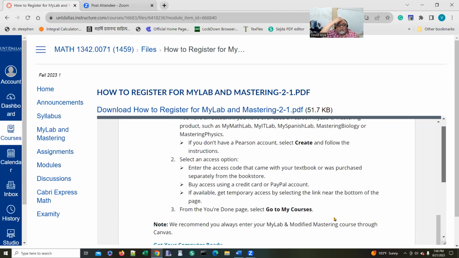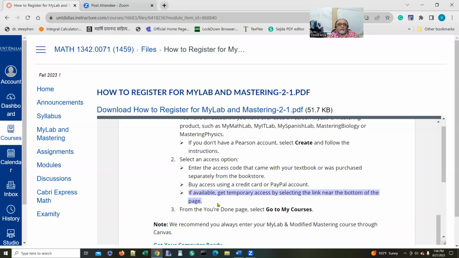Now, a good thing here is if you are waiting for your financial aid or for some reason you are tight on money, you do not have to wait to register for MyMathLab. What you can do is, it's right here. You can get temporary access by selecting the link near the bottom of the page.